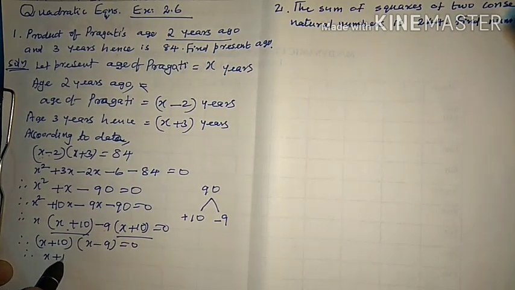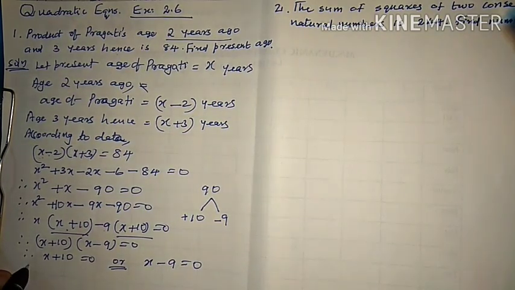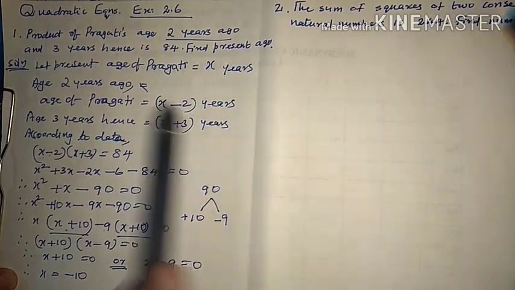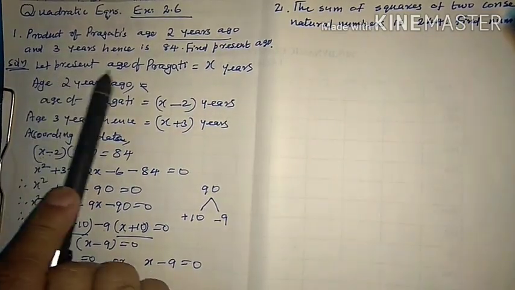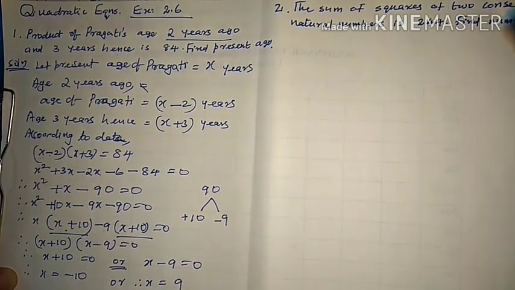So the first factor is 0 or the second factor is equal to 0. If it is true, x is equal to minus 10. What is x? x is the present age of Pragati. It cannot be negative, you know. So we get the answer from the second part, so x is equal to 9.